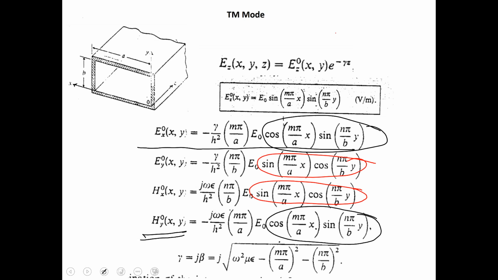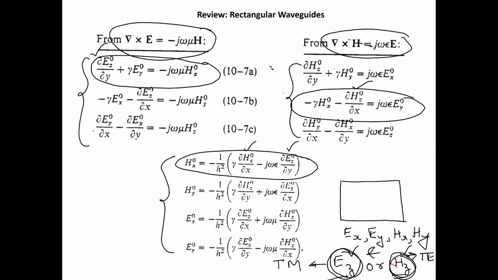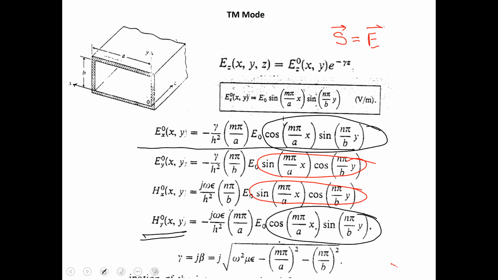Remember again, the Poynting vector S, which is how the power density flows, is E cross H, and the average Poynting vector is half of real of E cross H. And notice here now that if I take a look at this term and this term, I would get x cross y, and I have two negatives that would become positive, but I have x cross y which is going in z direction.